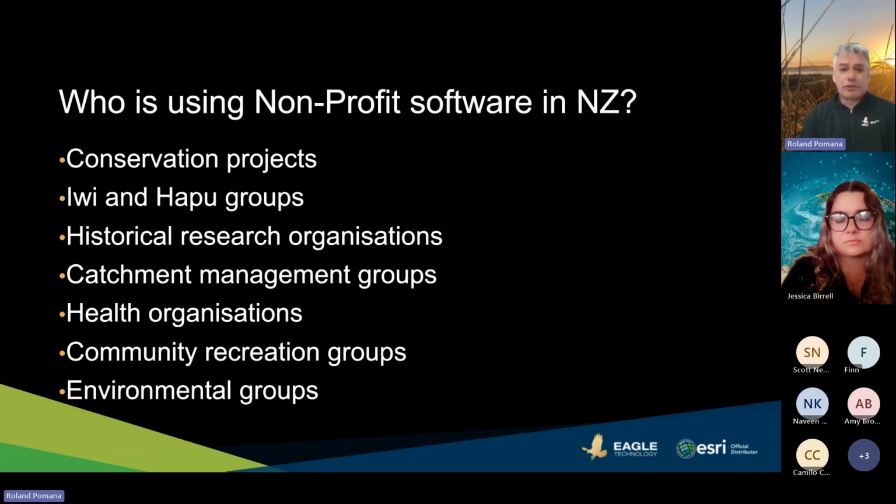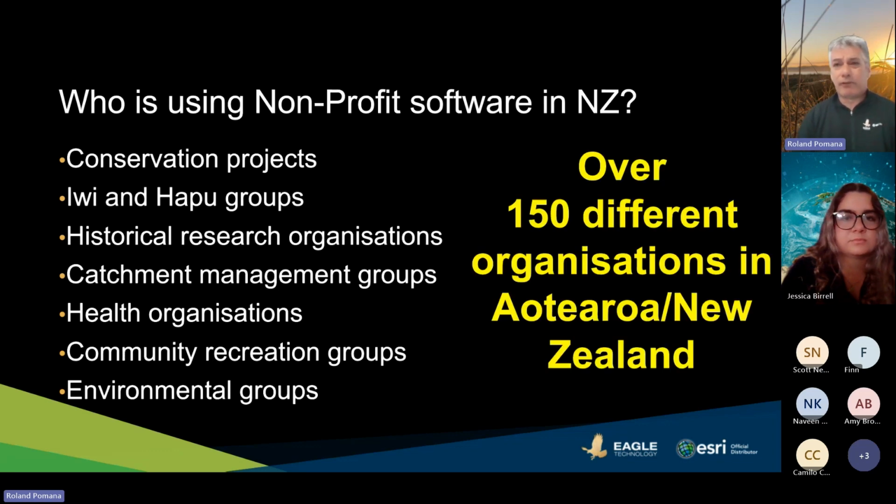And then large and small conservation projects from the South Island Kōkako Trust through to a local project I'm doing some work with right now, the Raukumura Paimanga project, which is a joint iwi and government project, but being managed by two iwi. So there's a ton of people using ArcGIS. And right now we've got over 150 different organisations in Aotearoa, New Zealand, taking advantage of the non-profit program on offer from Esri.